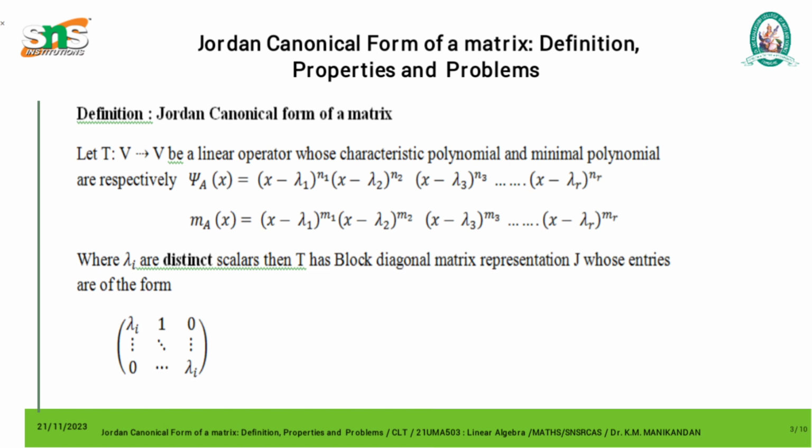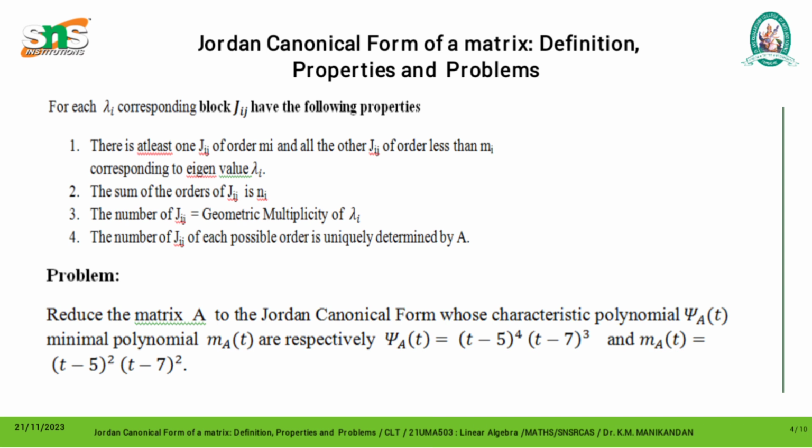Similarly, for (x minus lambda 2) power m2, from this we get that there is at least one Jordan block of order m2 with respect to the eigenvalue lambda 2, etc. Now the number of J i j's of each possible order is uniquely determined by A, and also the number of Jordan blocks is equal to the geometric multiplicity of the corresponding eigenvalue lambda i. These are all the properties of the Jordan block.